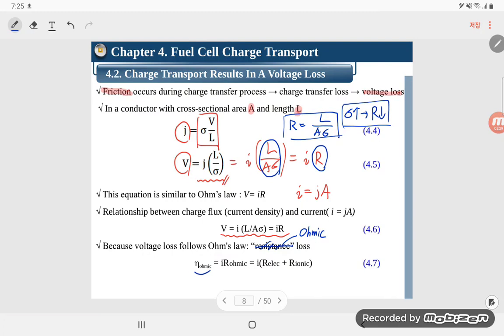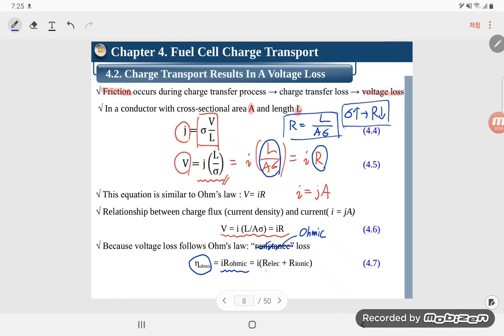We define the ohmic overpotential as eta ohmic equals I R ohmic, and this R ohmic consists of many types of resistance originating from the bipolar plate, GDL, catalyst layer, membrane, and also the interconnect part, the contact resistance.